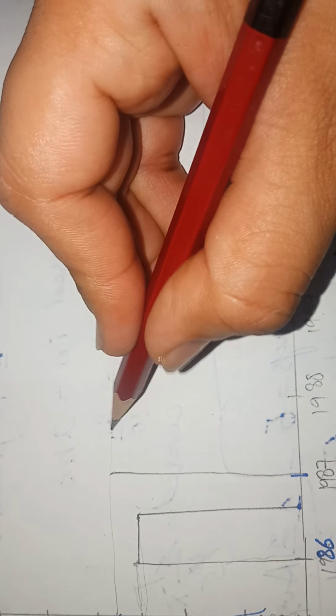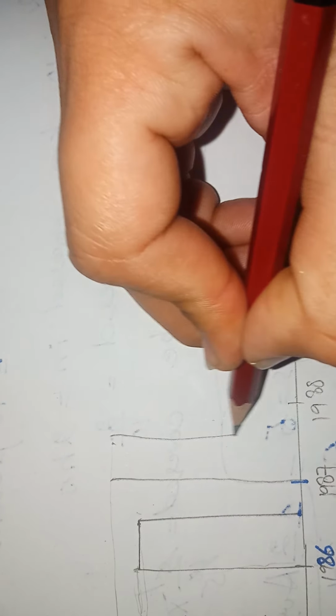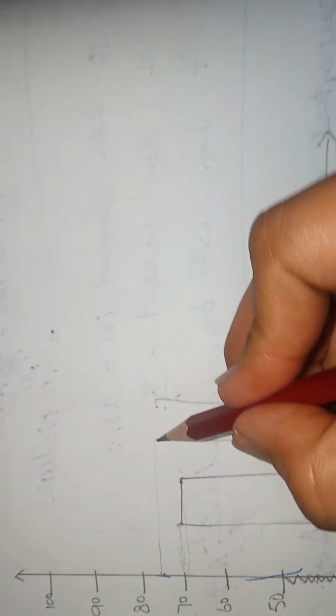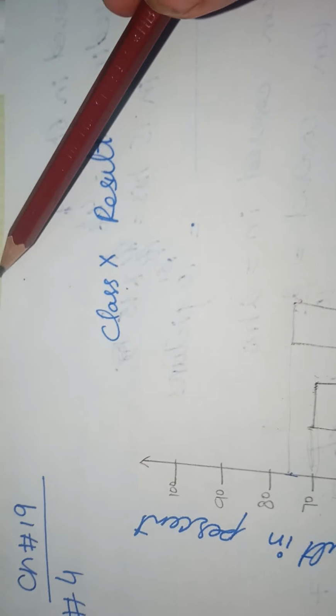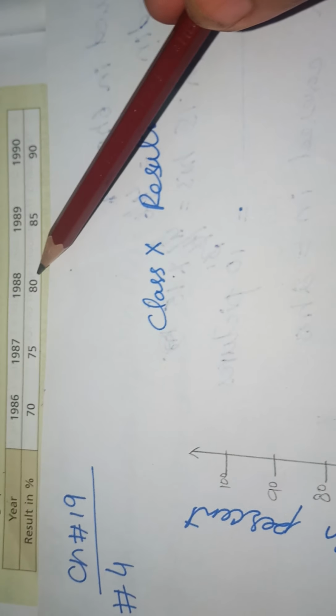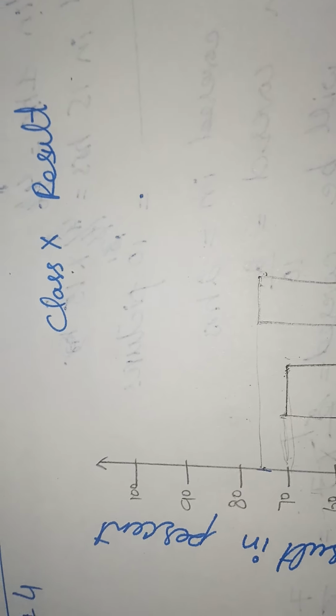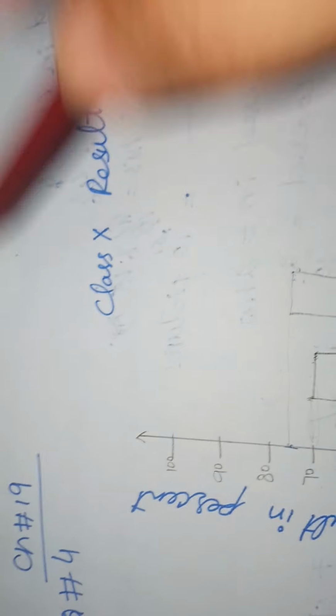In the year 1987, the percentage was 75%, and on the next year it was 80%. In 88, in the year 88 it was 80%.